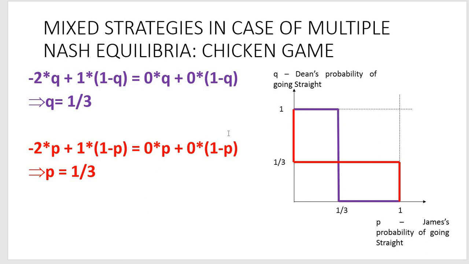So in this case, we also have 3 Nash equilibria. This is the first Nash equilibrium in pure strategies. It happens when Dean's probability of going straight is equal to 1 and James' probability of going straight is equal to 0. So less formally, it happens when Dean goes straight and James swerves.